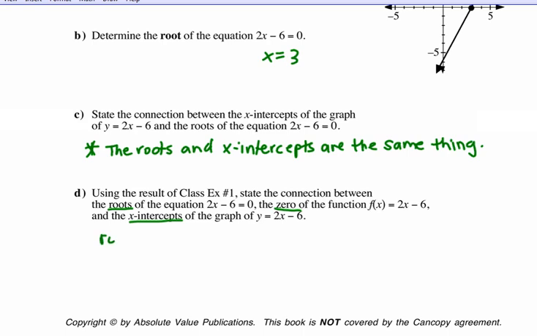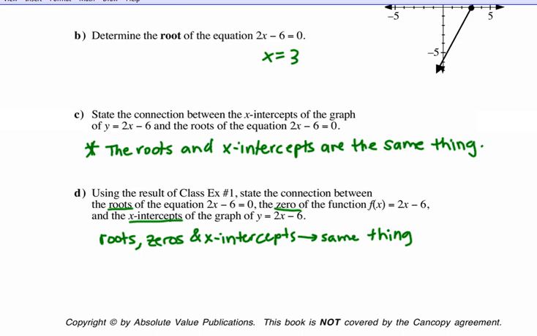So roots, zeros, but we're also including zeros this time, and x-intercepts are the same thing. So if on an exam, I could say find the root, find the x-intercept, or find the zeros. They're all saying the same thing.